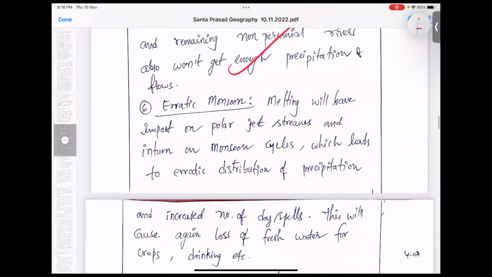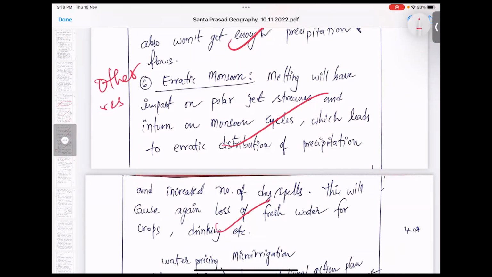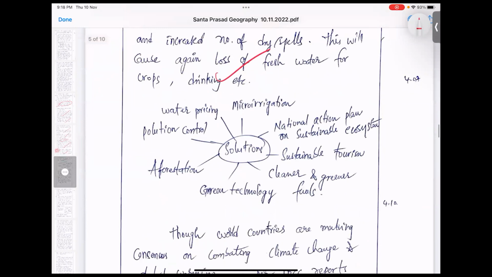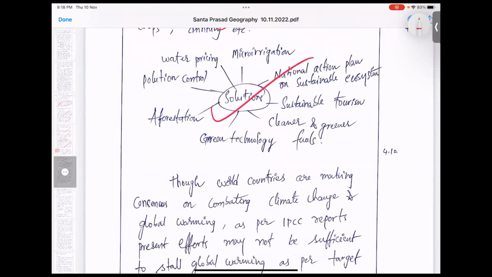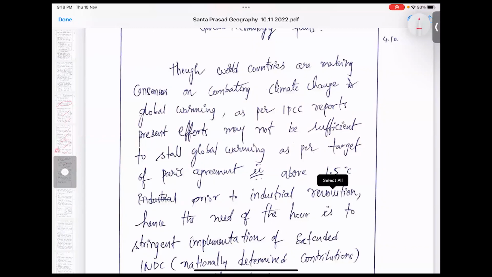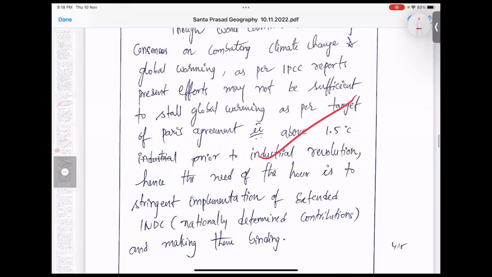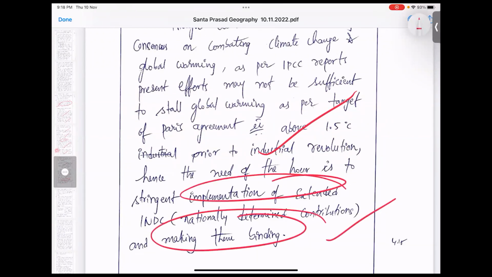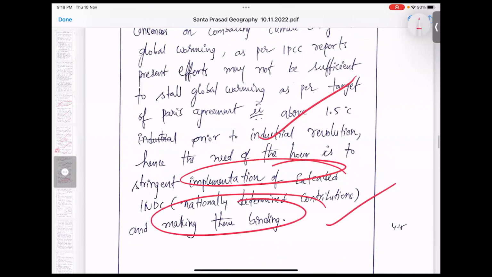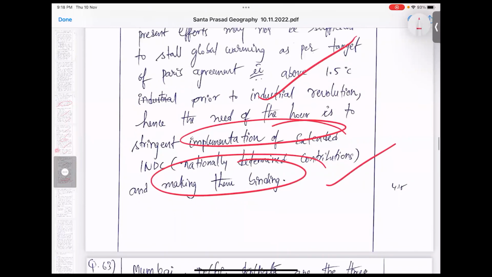Yes, this can be part of other resources, other impact. Other impact, you take one column and write that. Solutions are good. Good conclusion. And you write somewhere that and make them binding and preserve such delicate ecosystem. Clear, Shanta Prasad?